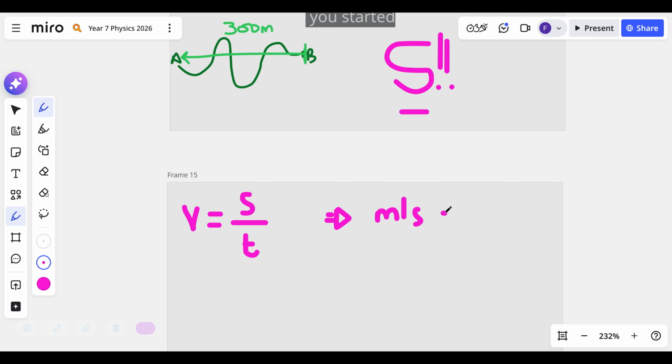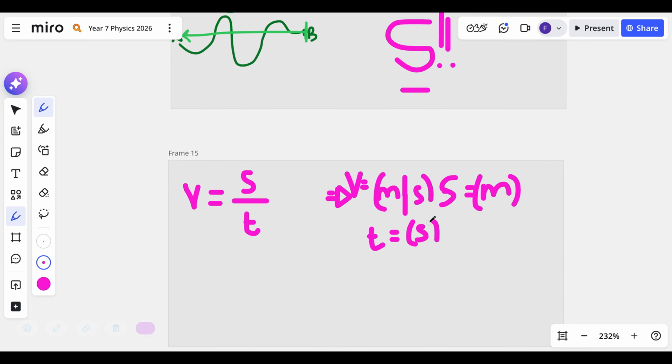The units for displacement, S, are meters. Time is always in seconds. Right, let's put all the units in brackets. This is meters per second.